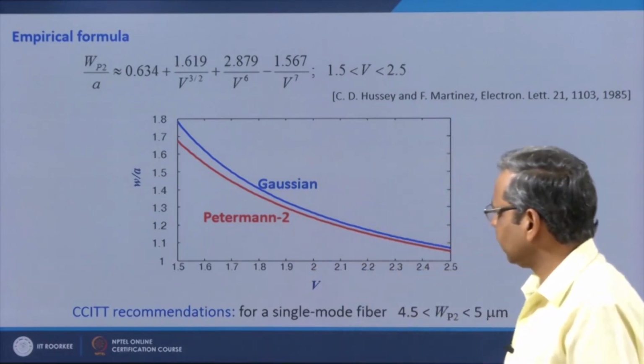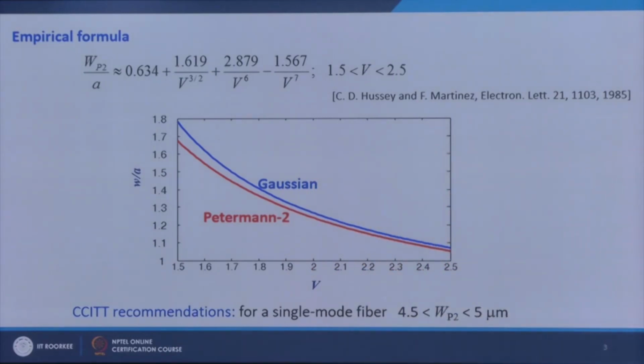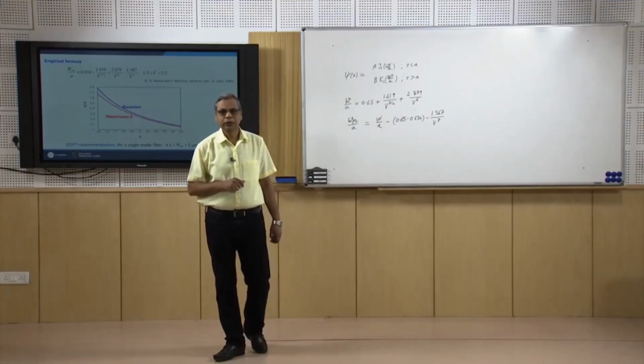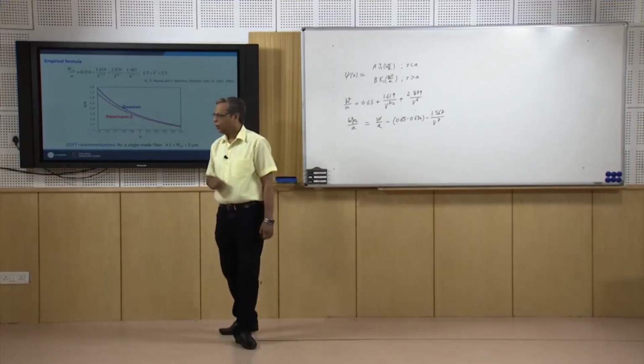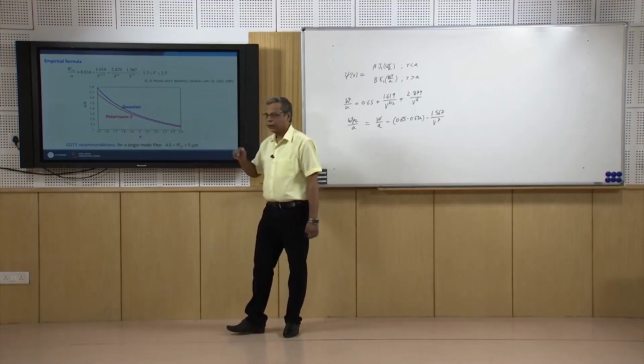According to its recommendations for a single mode fiber to be used in long haul telecommunication systems, the Petermann 2 spot size should lie between 4.5 and 5 micrometer.